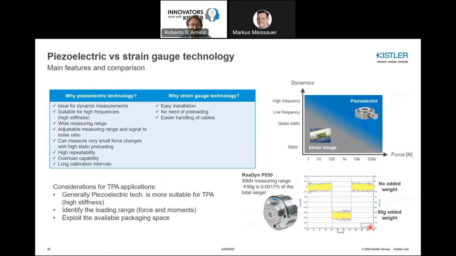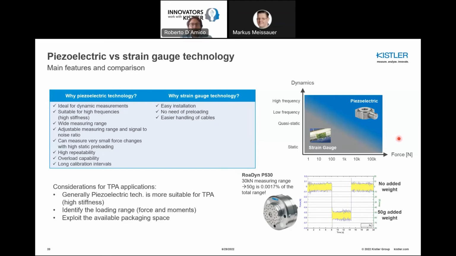And of course, I also need to make a comparison with a technology which is widely known, the strain gauge technology, which is based on extensometry. When it comes to piezoelectric measurement, this is very interesting for vibration and dynamic applications, because generally the structure is pretty stiff.